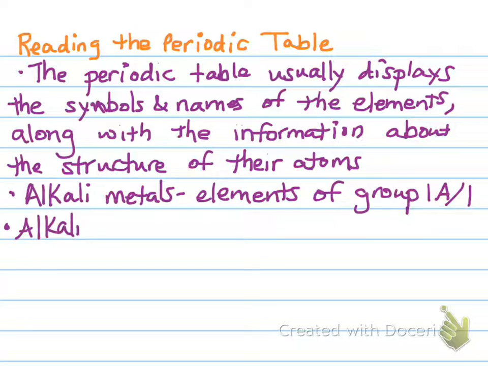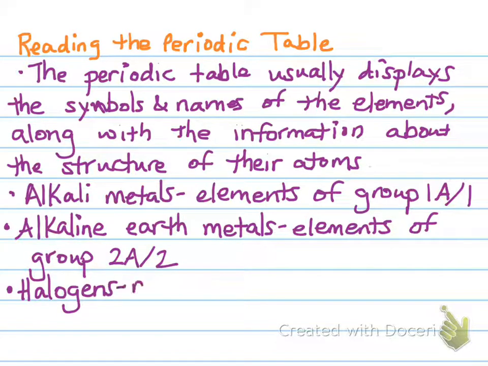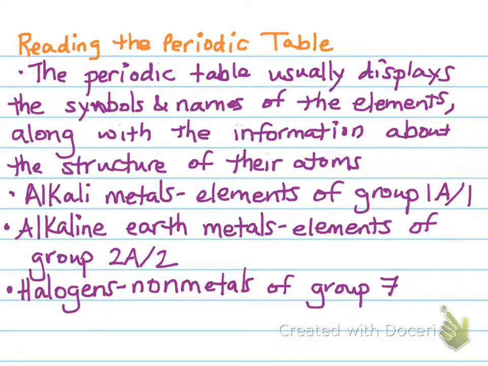There are the alkaline earth metals, the elements of group 2A, or 2 on our periodic table. And finally, there are the halogens, which are the nonmetals of group 7A. So, just some information that's always on our periodic table.